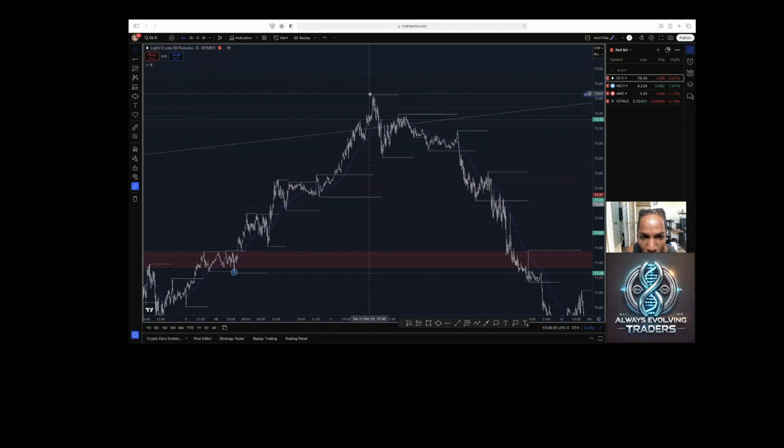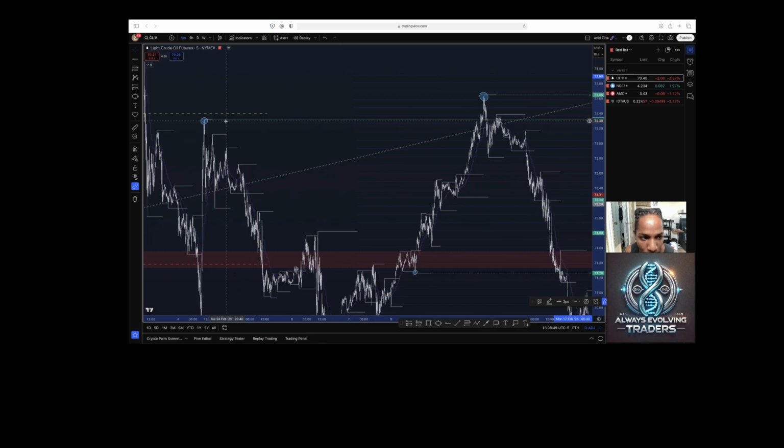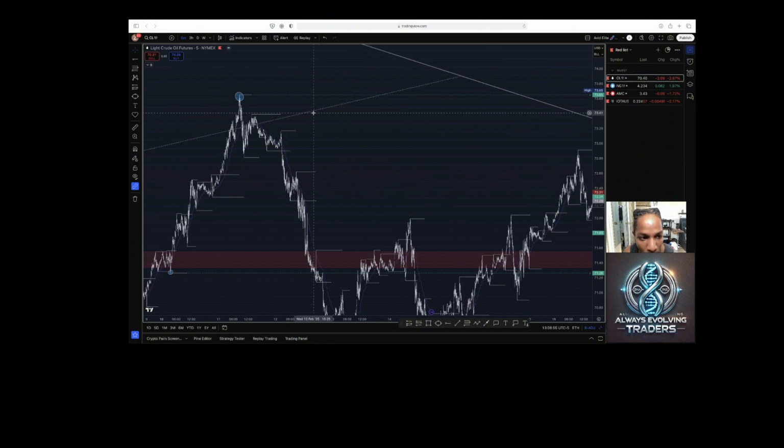Here's the first low that we broke. So this is our high time frame one. This is the one that we took out here. So that's irrelevant.